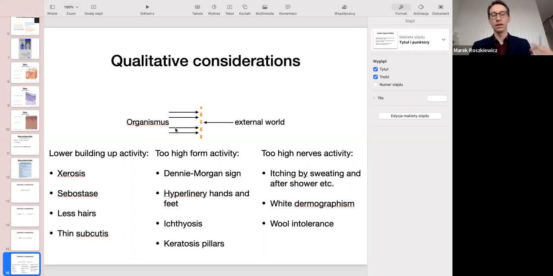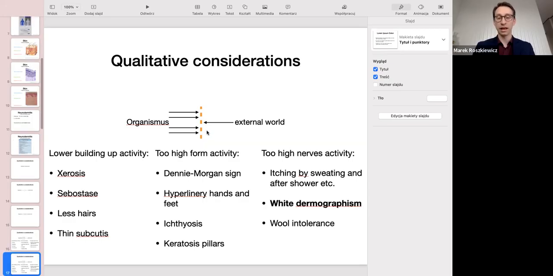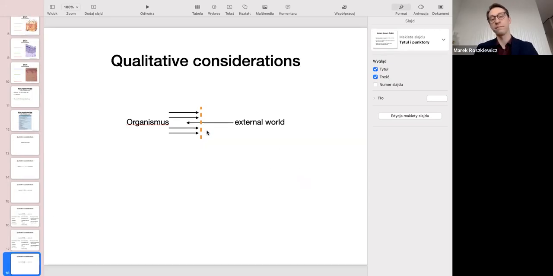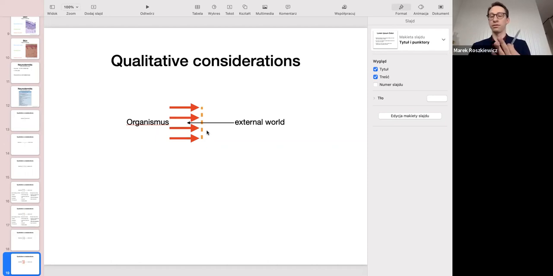And what is happening when our skin, so this border, is not working rightly? Well, basically then the external world comes in, says hello, but the organism doesn't like these external substances, external processes, antigens, so-called, and it has to make a reaction.